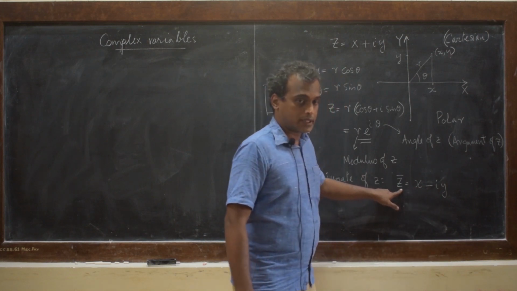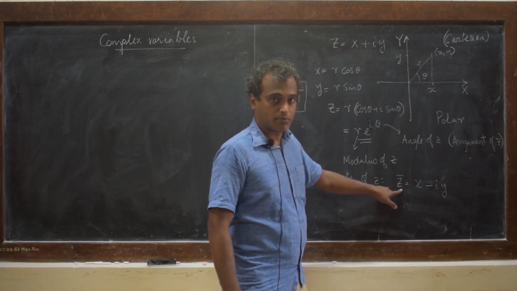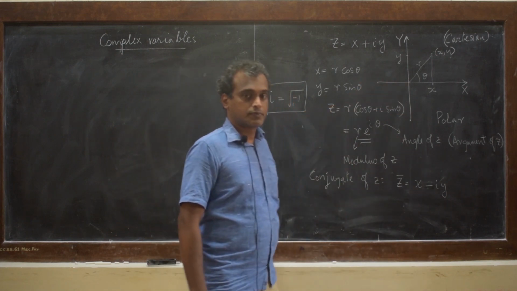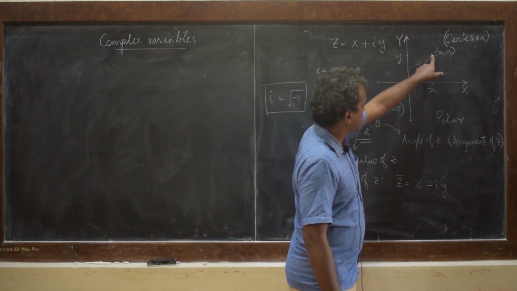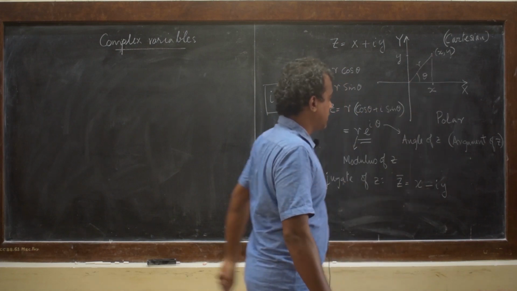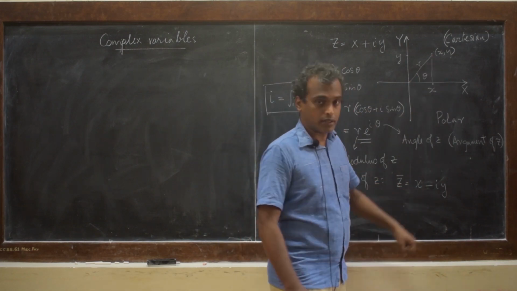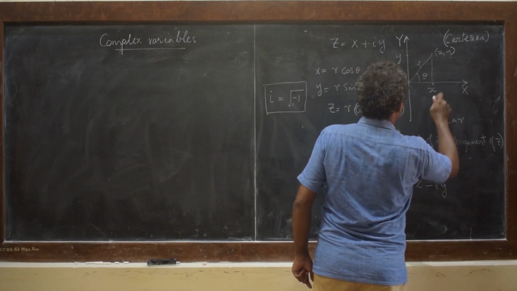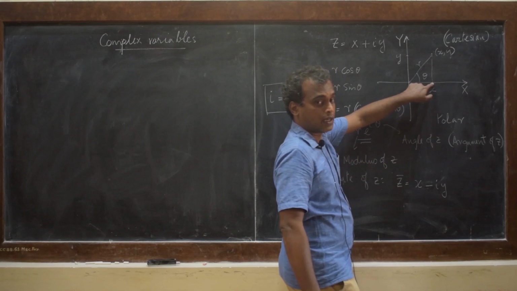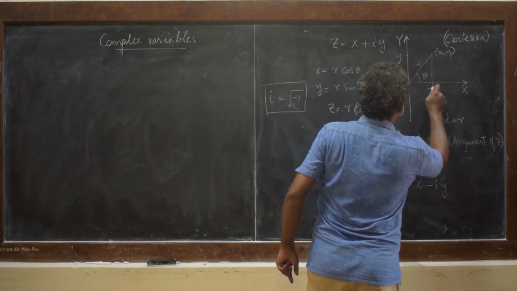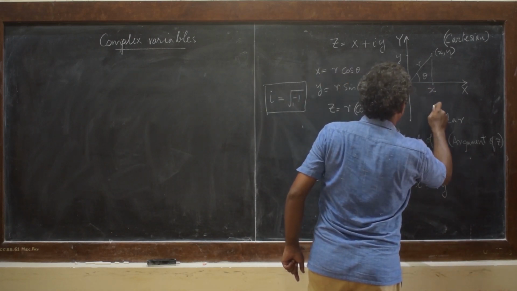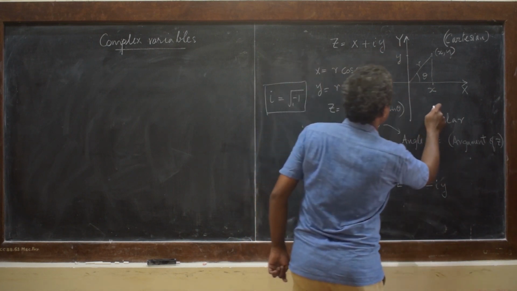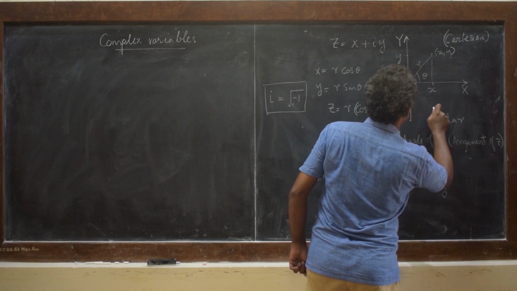The complex conjugate of z, denoted using z bar, also represents a point on the complex plane. For the z which we have on this complex plane, it is easy to identify where z bar is. It is that point which has the same real part, while the imaginary part is along the negative y axis.